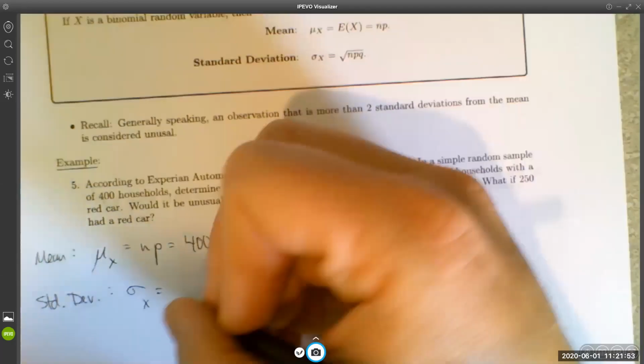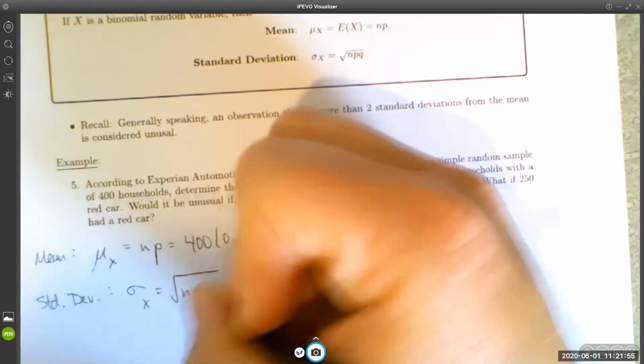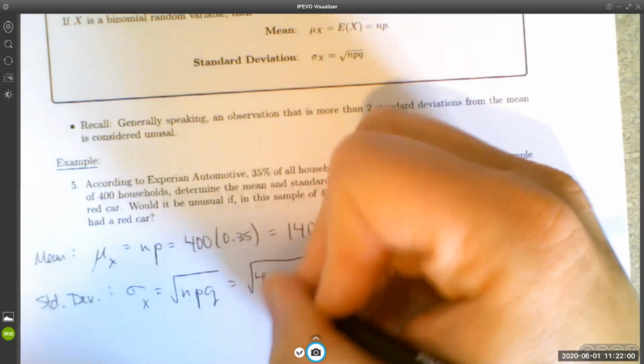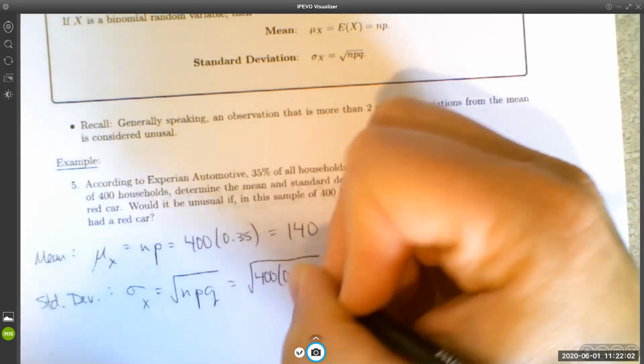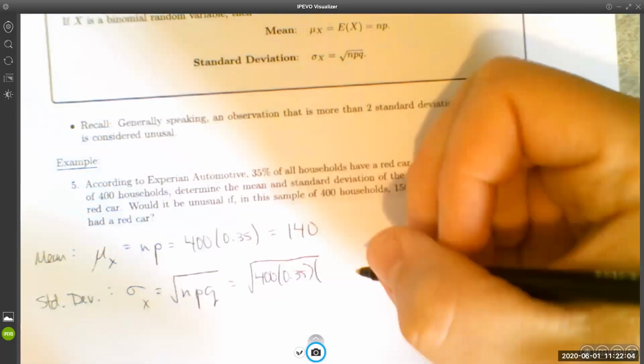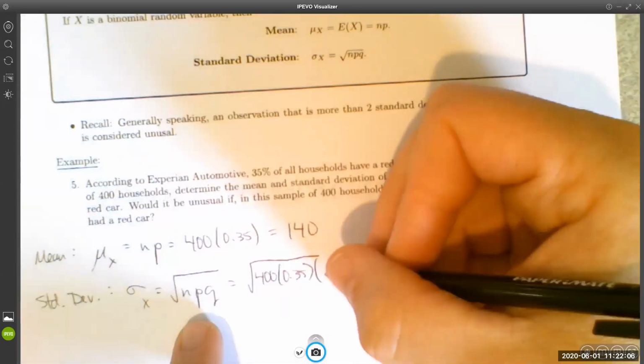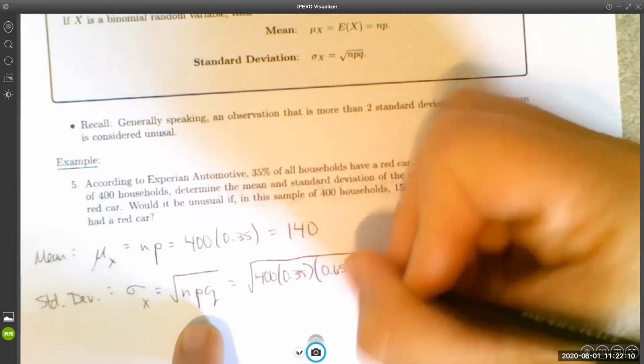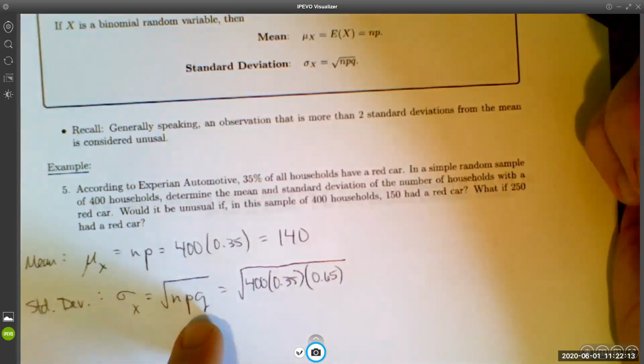All right, sigma is the square root of n times p times q. That's the square root of 400 times 0.35 times, well, if p is 0.35, then q should be 0.65. Right? Remember that q is the probability of failure.